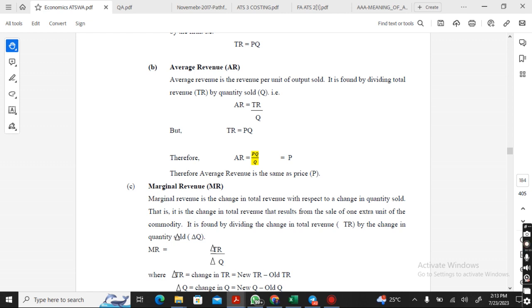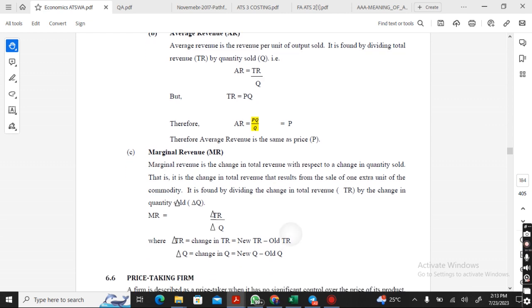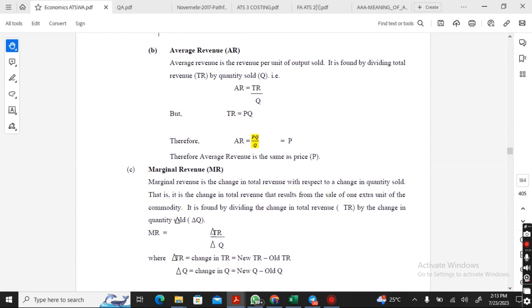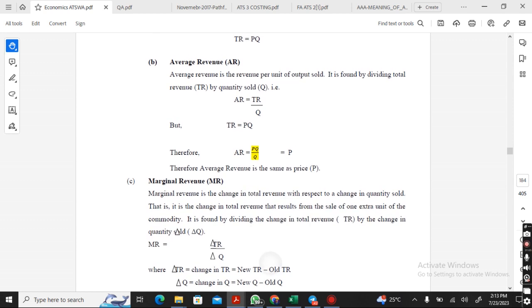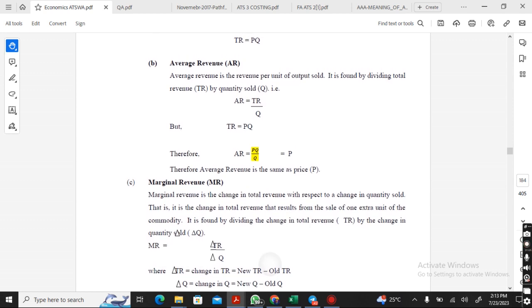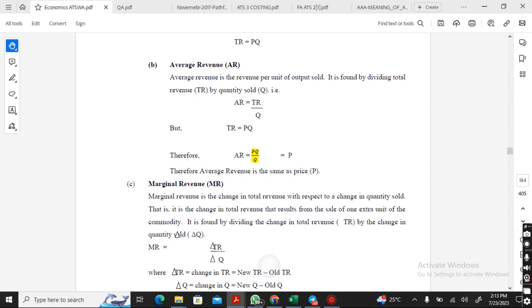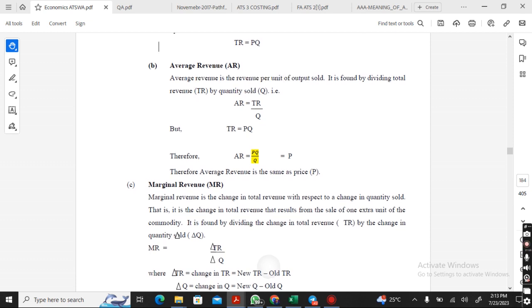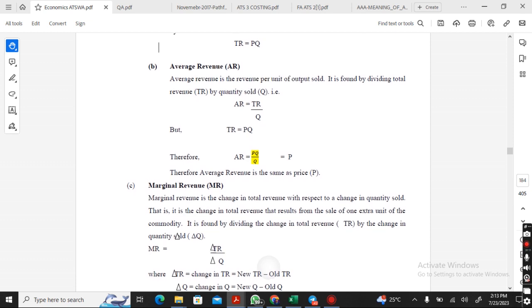Therefore, average revenue is also the price. Because your TR is your total revenue, and total revenue is price times quantity.